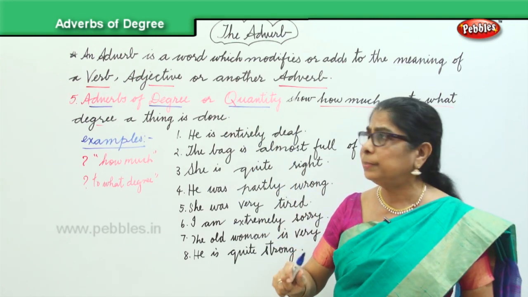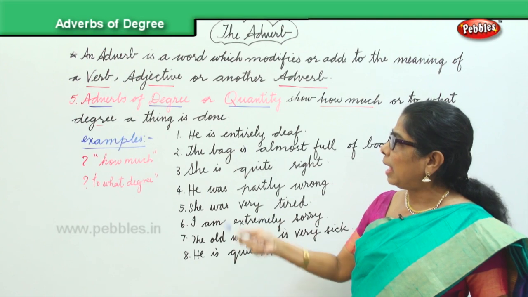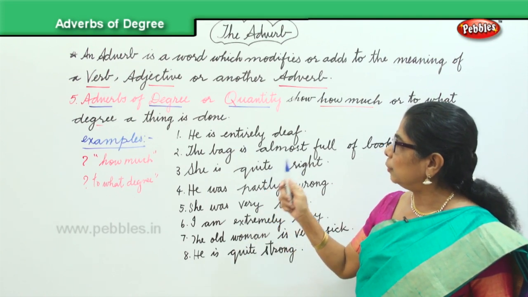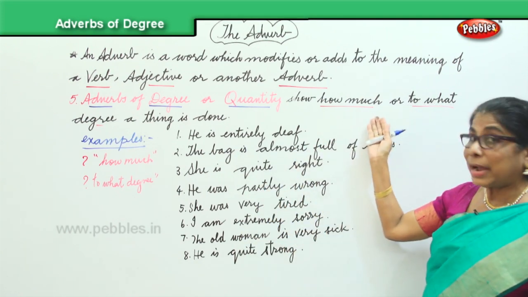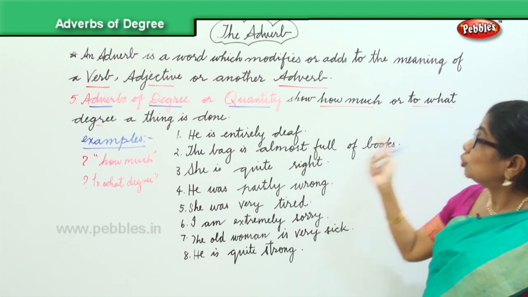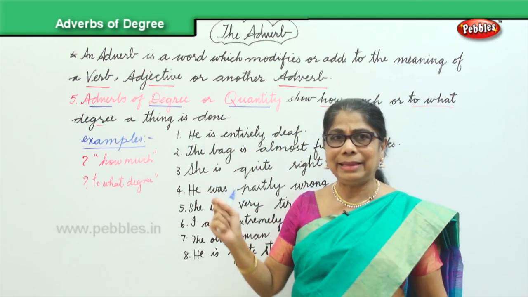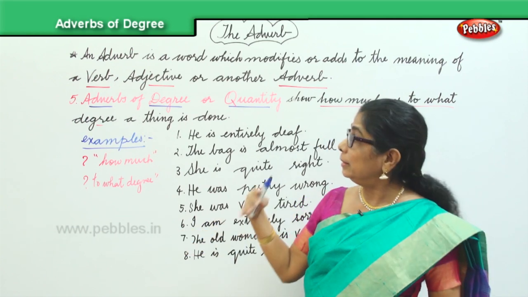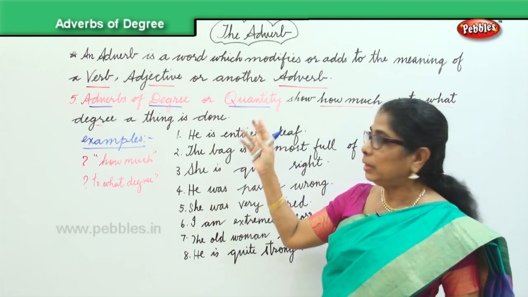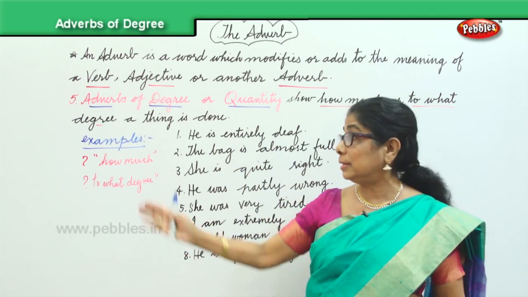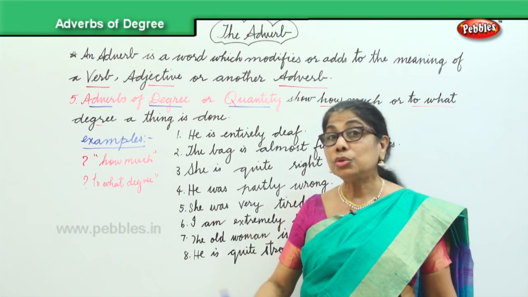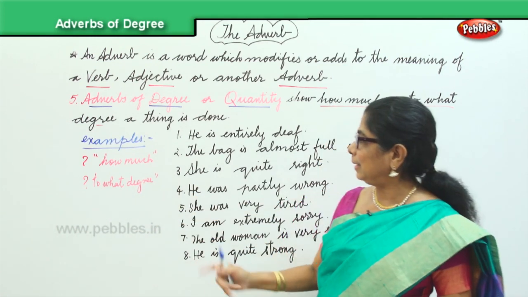Now, what is an adverb of degree or quantity? An adverb of degree or quantity shows how much or to what degree a thing is done. So, in this, you can ask 2 questions: how much, or to what degree a thing is done.